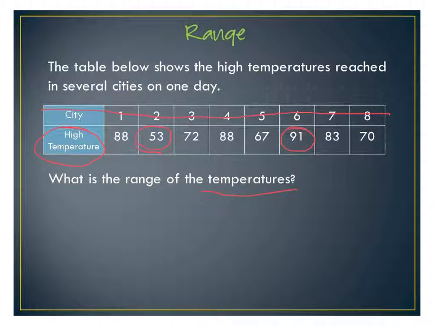I can see that I've got 91 and 53. I'm going to go ahead and subtract those to find the difference. The difference is 38 degrees, so the range is 38 degrees.